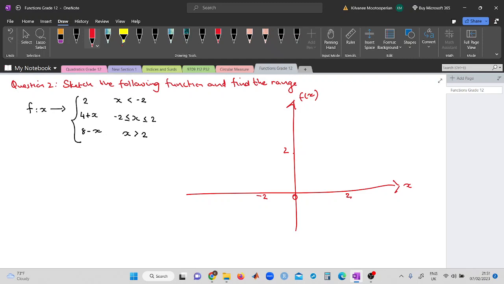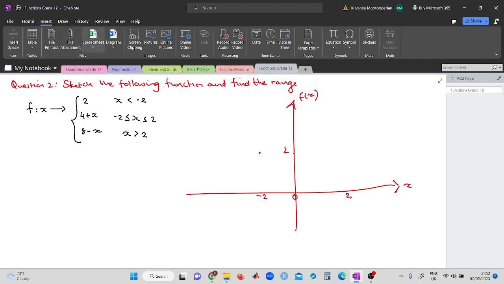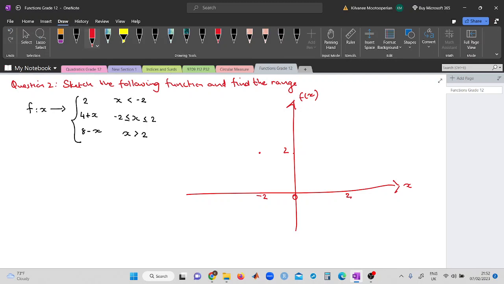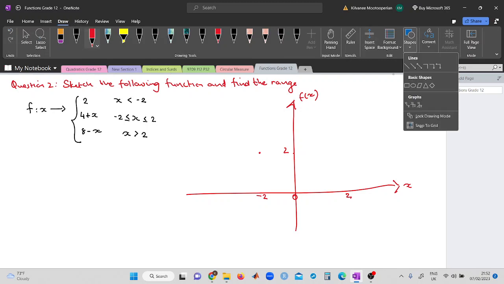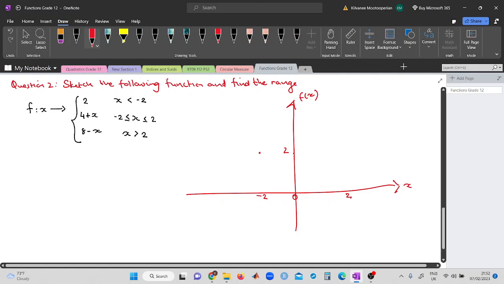Okay, when it is less than, veut dire 2. It starts from here. Bon, ici, on a minus 3, minus 4, etc. So it will be a straight line. Can I draw a straight line here? Insert, shape. So it will be a straight line.